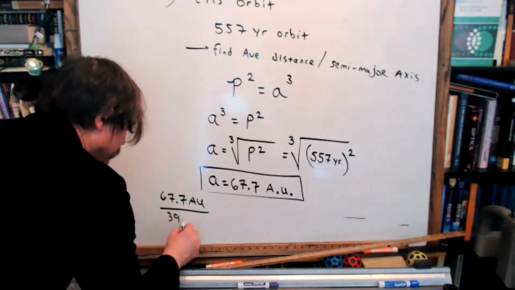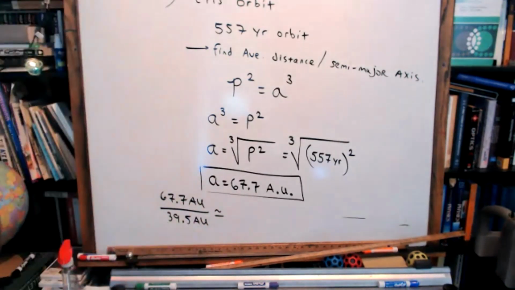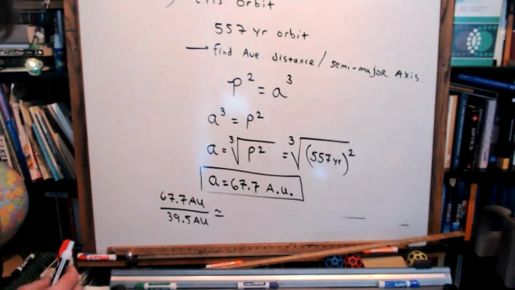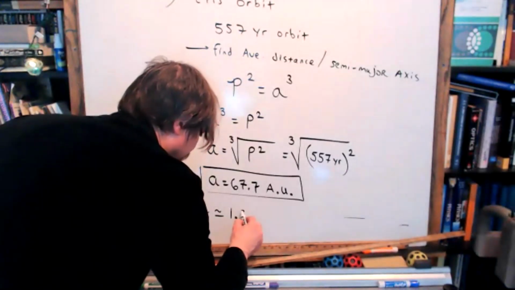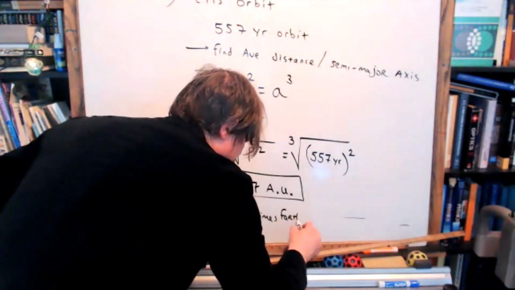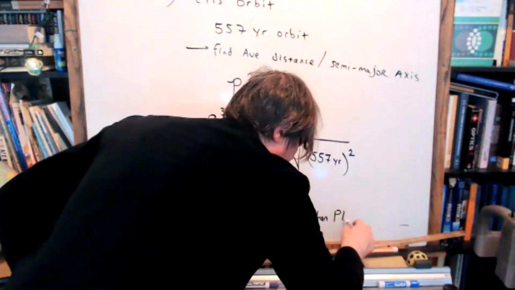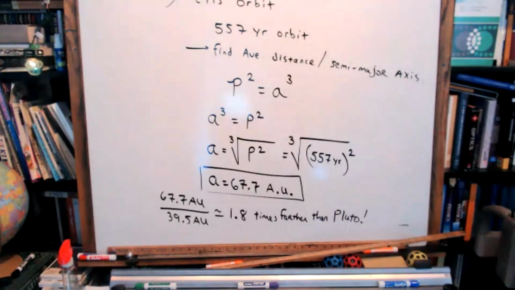So what do you get if you divide those two? 1.75? Let's say about 1.8 times farther than Pluto. So Eris is actually really out there in terms of our solar system.